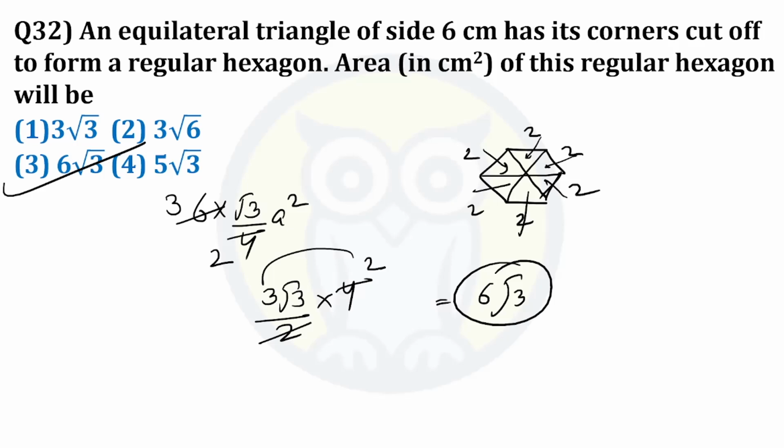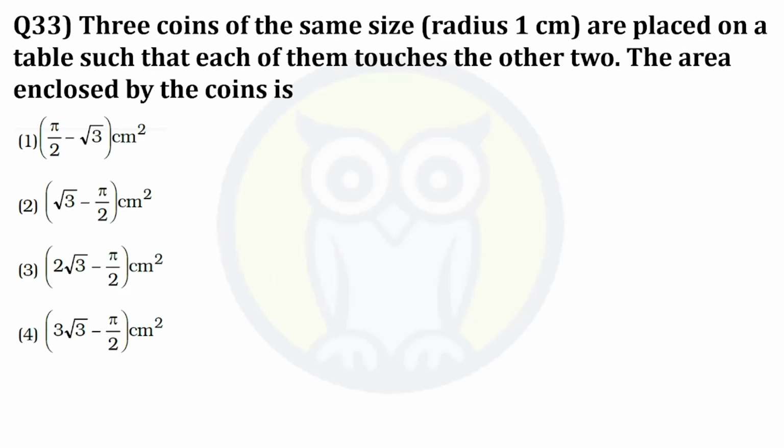Now question number 33: 3 coins of same size, radius 1 centimeter, are placed on a table such that each of them touches the other two.